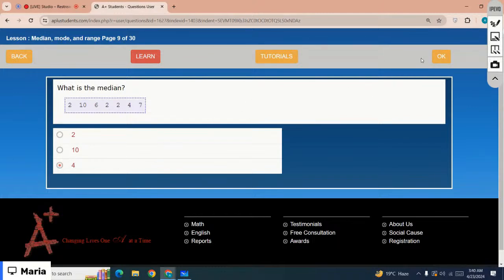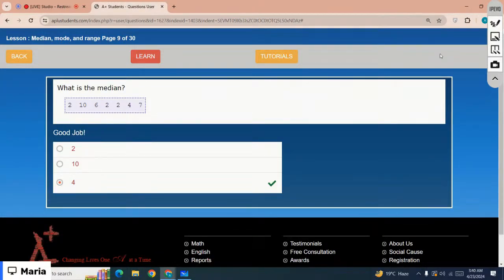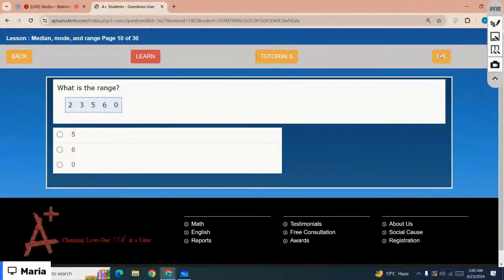The correct option is 4. What is the range? Which is the correct option? 6 it is, right? Okay, you can complete the lesson by yourself later today.